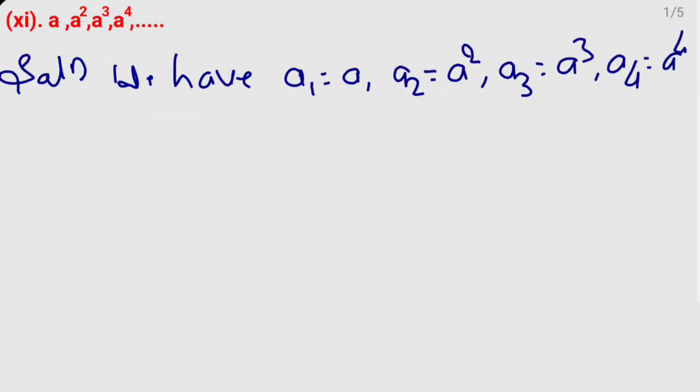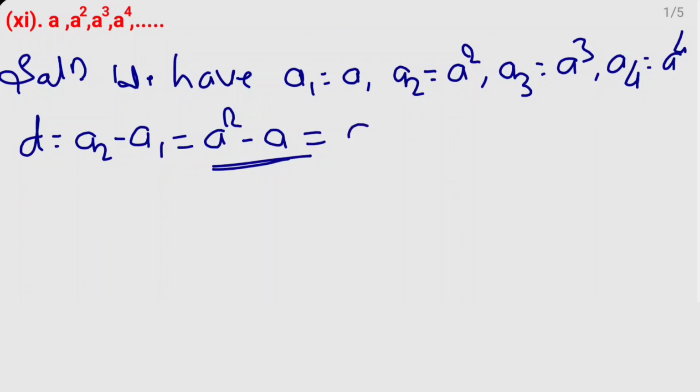Here we want to find d. So d equals a2 minus a1. Here a2 is a square minus a1 is a. In these two terms a is common, take it outside, remaining a minus 1. Is it clear?